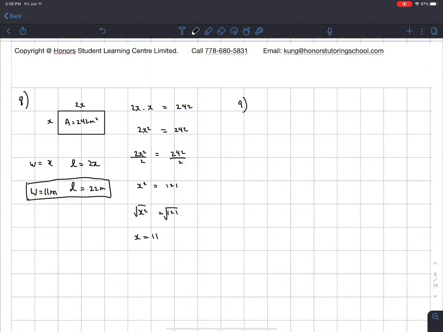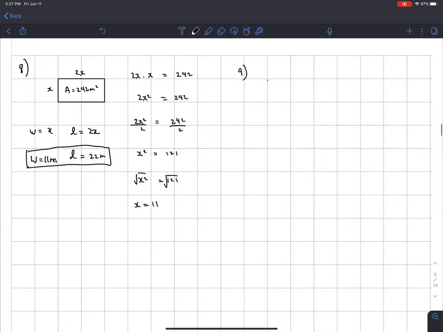Question 9. A rectangle has a length 25% longer than the width. Okay, 25% is the same as 1/4. So maybe I'll make the width equal to 4, and then the length should be 5 little squares. 25% of 4 is just going to be 1.